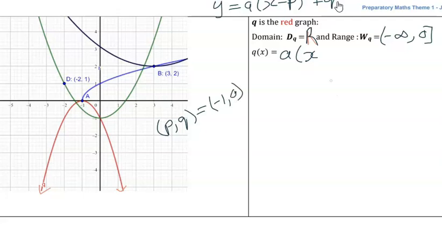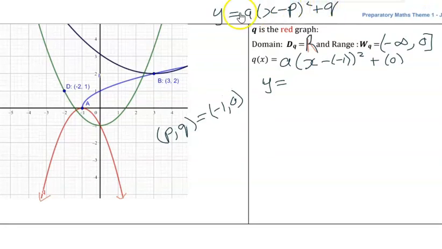So I can say minus 1 squared plus 0. And I just do it like this to remind you that we are using the formula like here, because it helps us with the horizontal shifting. So y is equal to a times (x plus 1) squared, and there's no q value.